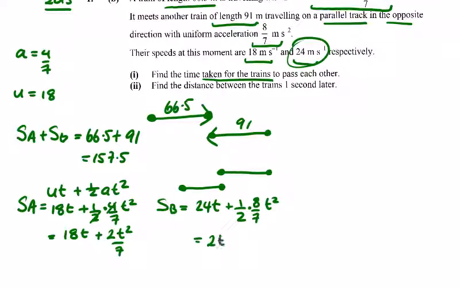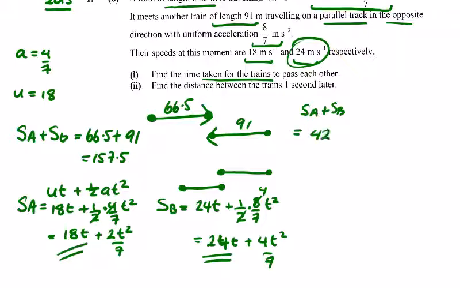So the distance traveled by B is 24T plus 4T squared over 7. And if I add A and B together, I'm going to get 42T, 18T plus 24, and 2T squared plus 4T squared, that's 6T squared over 7.